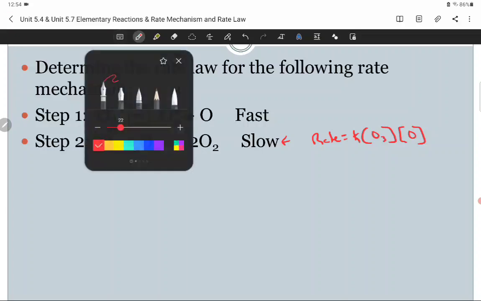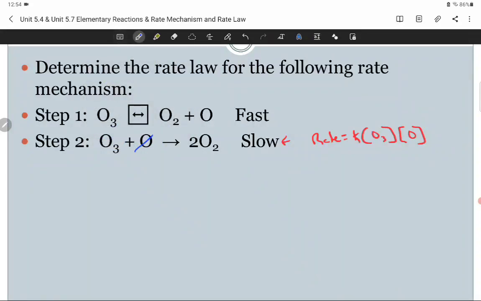But we have a problem with that. And the problem is that atomic oxygen there is an intermediate. So we can't use it. So are we able to substitute? Yes. And this substitution is going to look a little strange. Actually, it's going to look a lot strange.